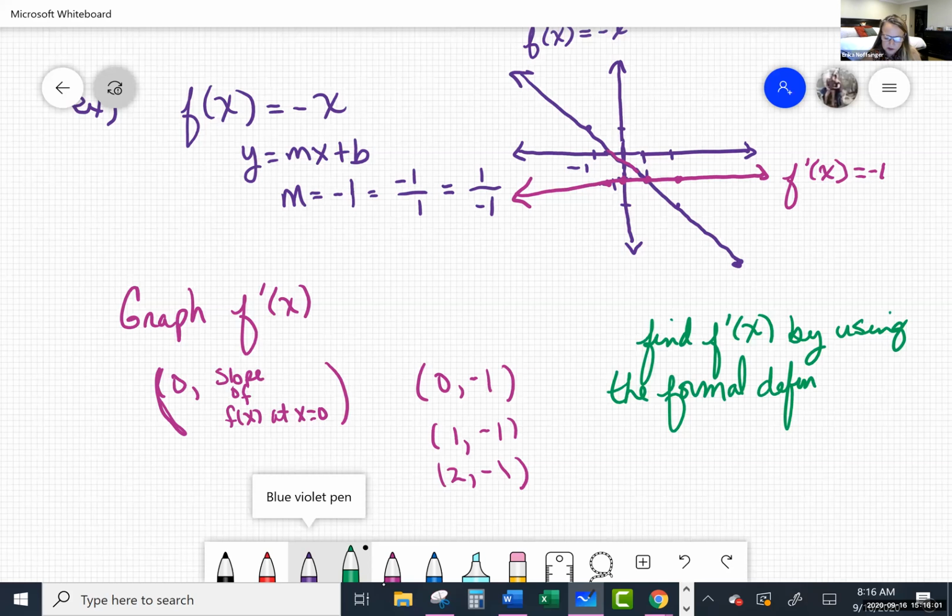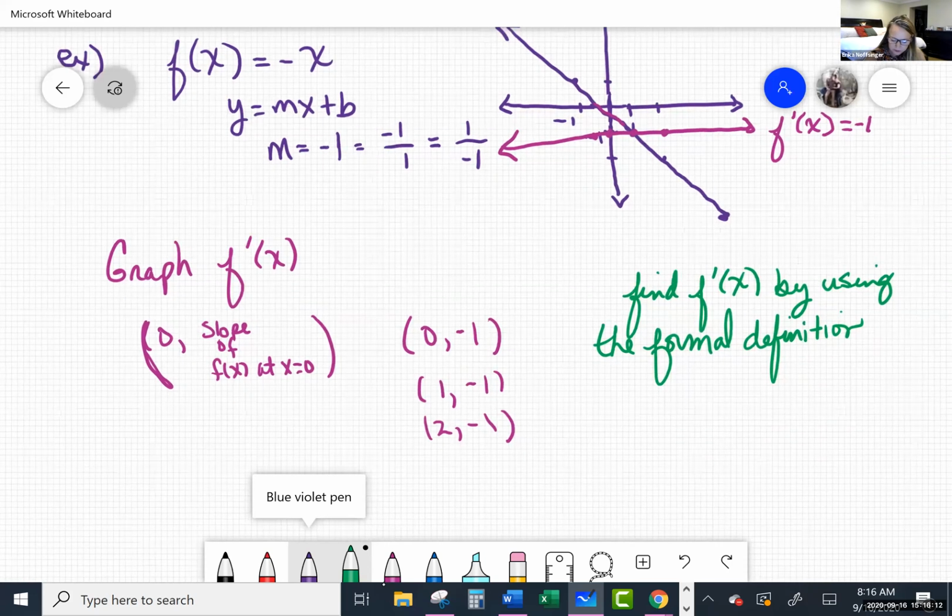So soon, hopefully next week, we're going to look at a different way to find the derivative, which is a lot easier than doing this limit of the derivative.